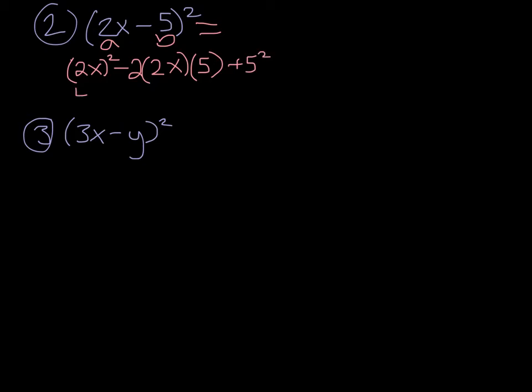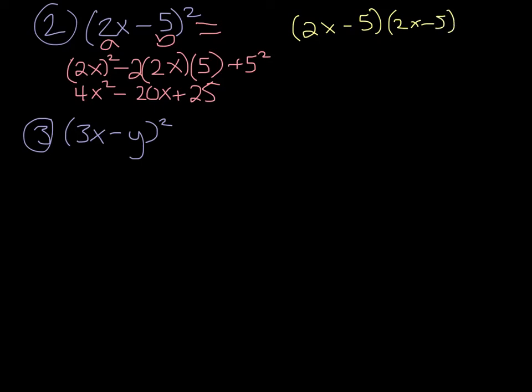That is going to give me 4x squared minus 20x plus 25. So that's my first method. The second method is the FOIL method, and that is to rewrite it as (2x - 5) times (2x - 5).